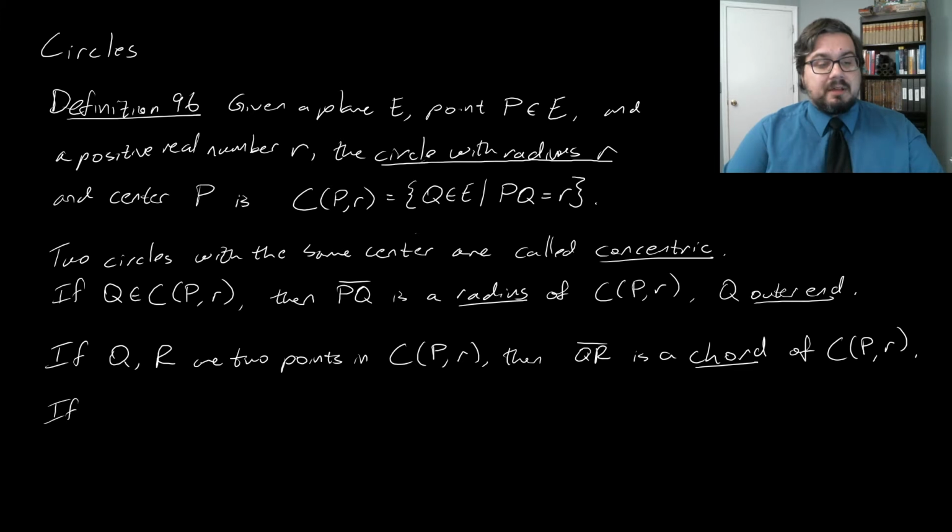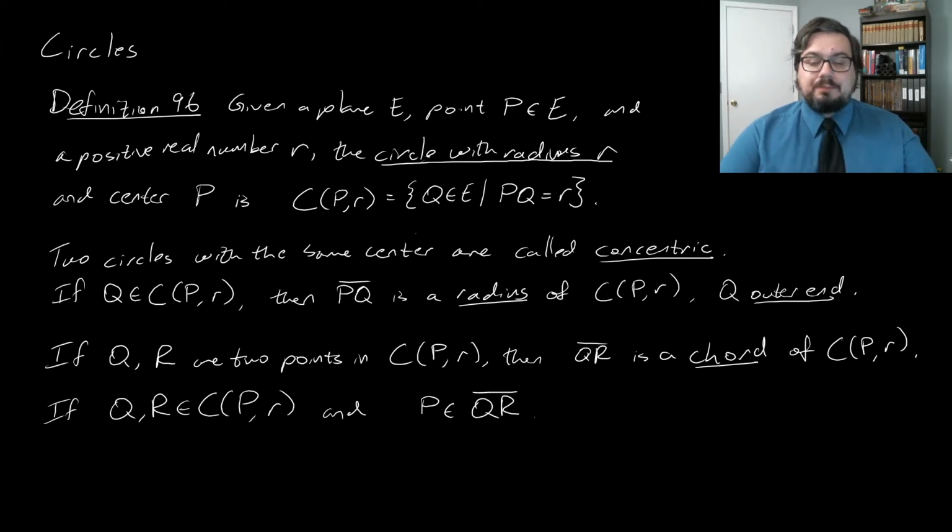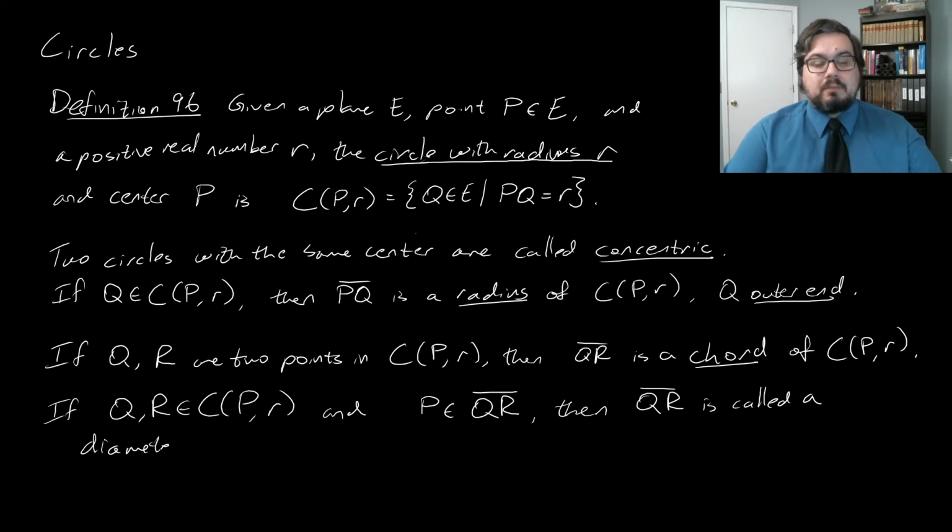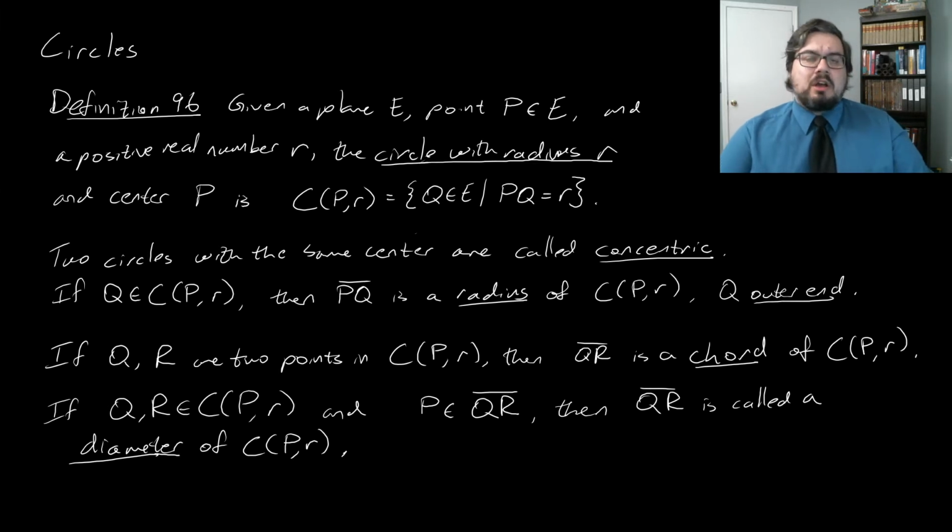And if Q and R are in the circle with center P and radius R, and P is in the chord QR, then the segment QR is called a diameter of the circle with center P and radius R. And again, we talk about a diameter of a circle, meaning one of these line segments that goes across the circle and contains the midpoint, or we might talk about the diameter of the circle, and the diameter would be the length of a diameter.